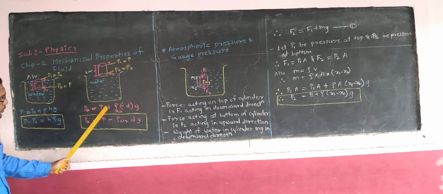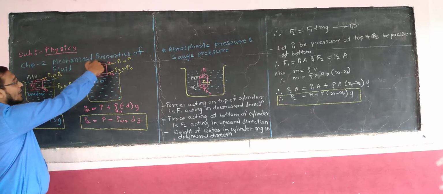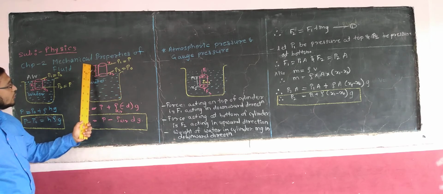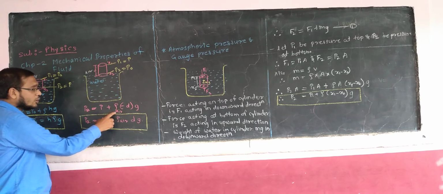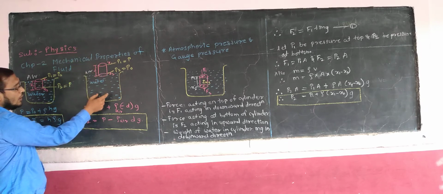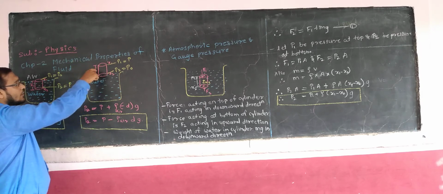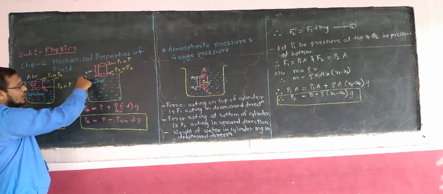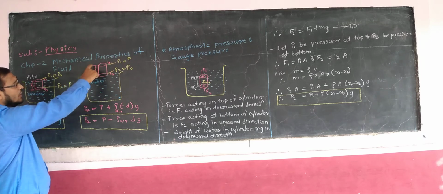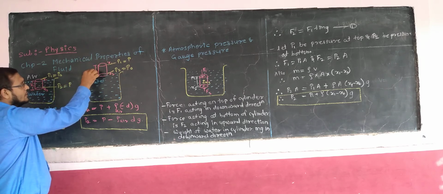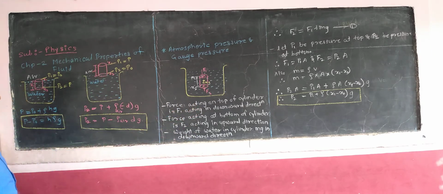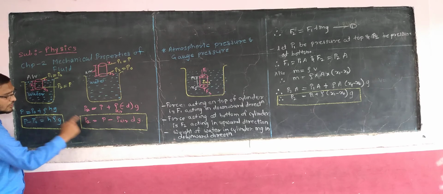So P0 is equal to P plus, now density. As this vessel is in the air, we have to consider the density of air. So I have written here the density of the air into the height, as it is above the water surface. This is our axis, which is 0, downside positive, up negative. So we get minus d, and I put here minus d into acceleration due to gravity g. After simplification, what we get?